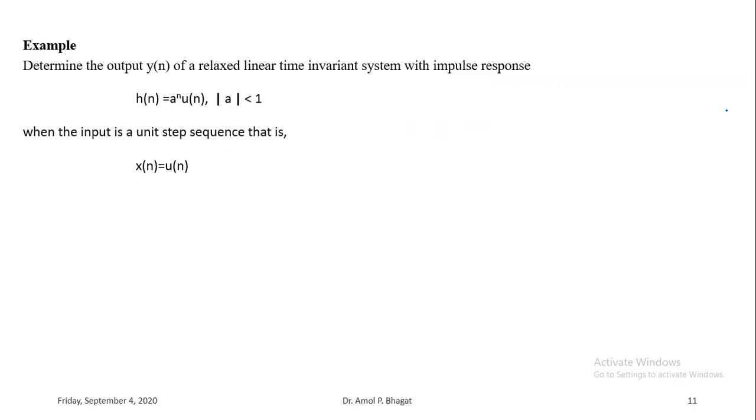Okay, here is another example, right? As I have said in the previous explanation, convolution of given sequences can be represented as y of n is equals to x of n convolved with h of n, or h of n convolved with x of n. Both are same.